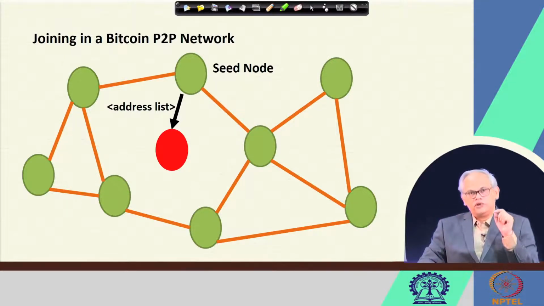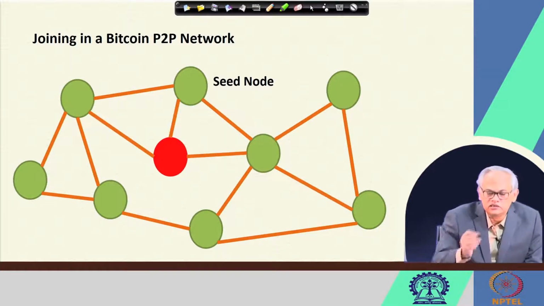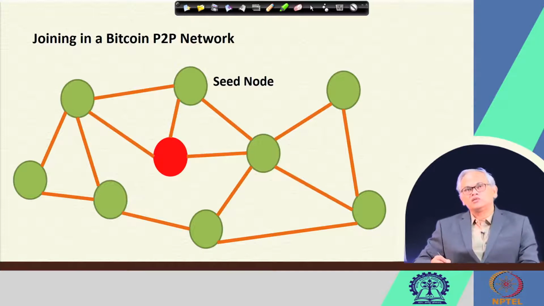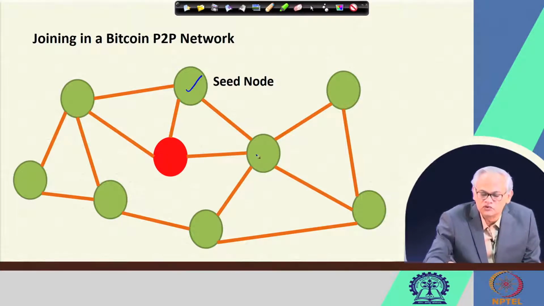So, that is the very first step, and then this node knows that these are my neighbors. As you see, this new node is now connected to 3 other nodes. So, for this new node, its neighborhood is basically these 3 nodes, which are this one and this one.